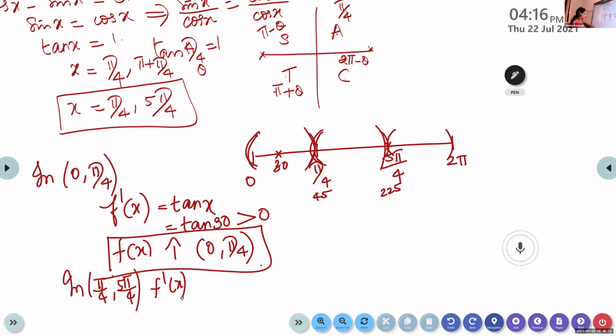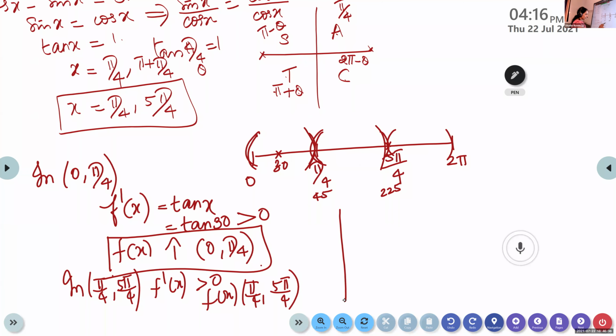Is it positive, Rijas? Yes, ma'am. So it is increasing. f dash of x is greater than 0. So f of x is increasing in the interval pi by 4 to 5 pi by 4.